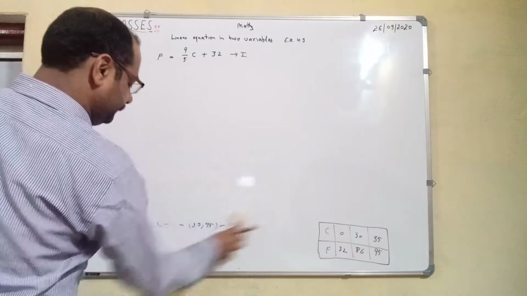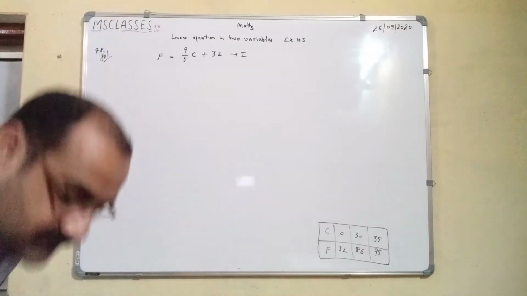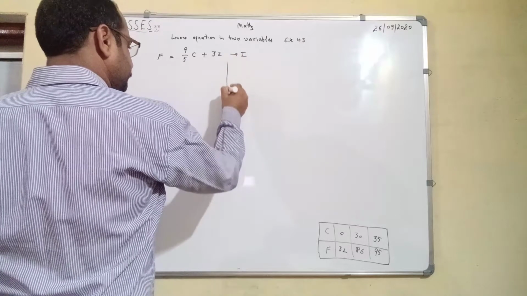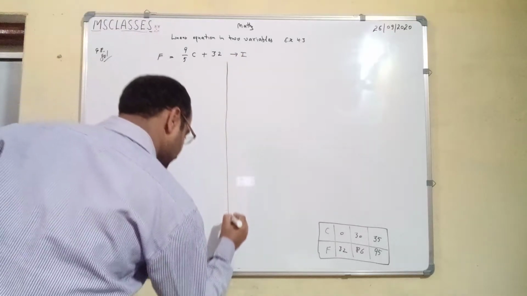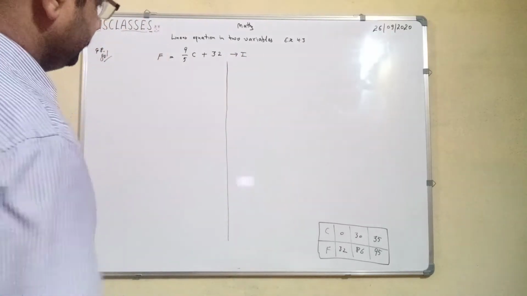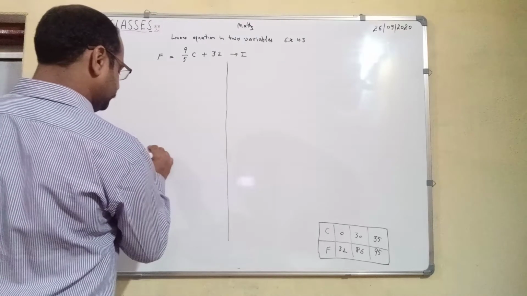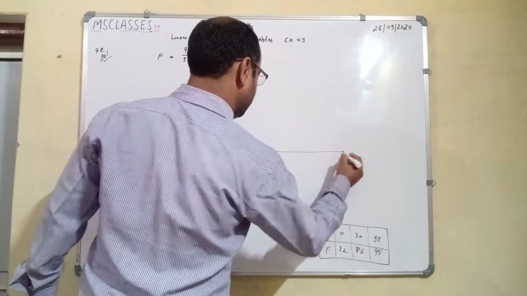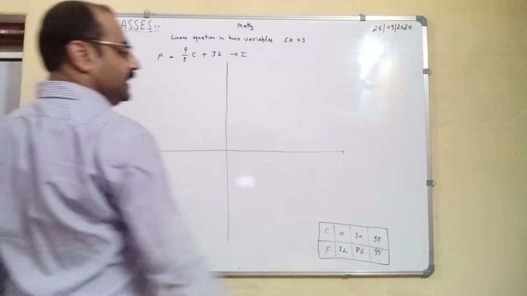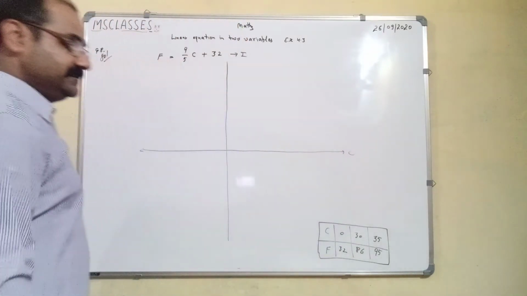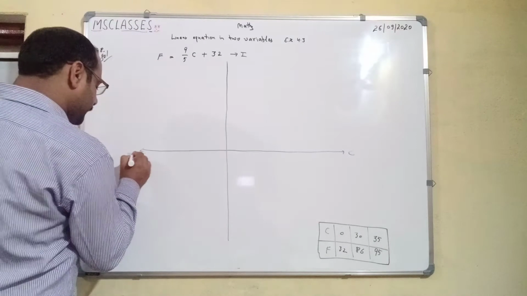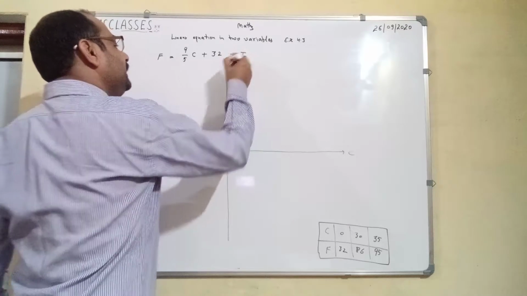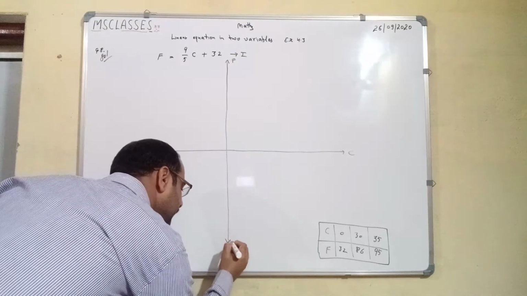First of all, make a Cartesian plane. You know the Cartesian plane has mutually perpendicular lines. On this axis we have Celsius, then negative C. To the top we have Fahrenheit, and downward we have negative Fahrenheit.